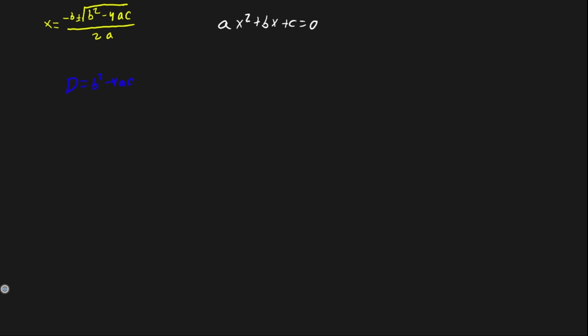And what's inside the discriminant is basically going to tell us how many solutions we have. So we're going to write the discriminant as b squared minus 4ac, and we're going to look at all of the cases. So we have when discriminant is equal to 0, we get one solution.